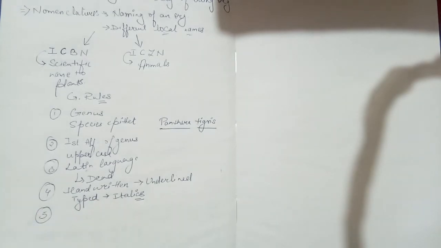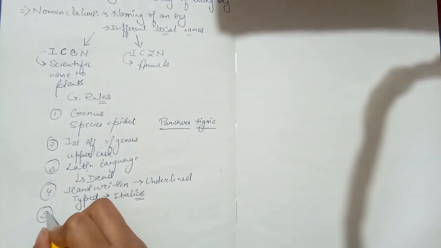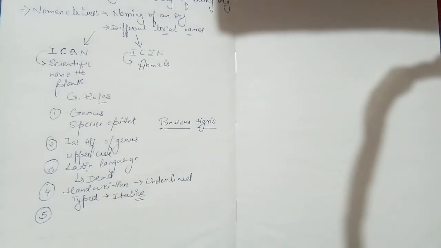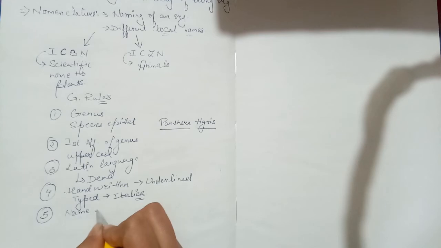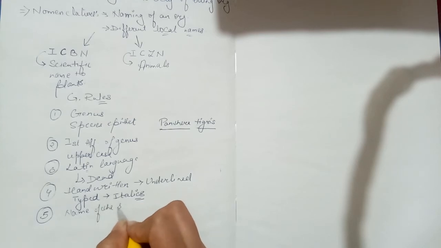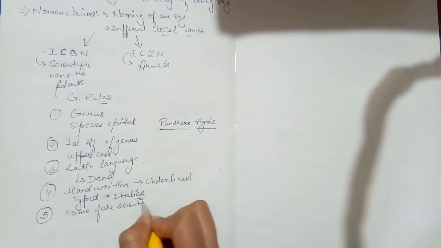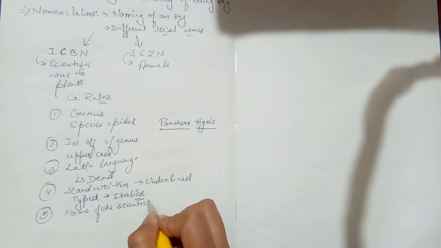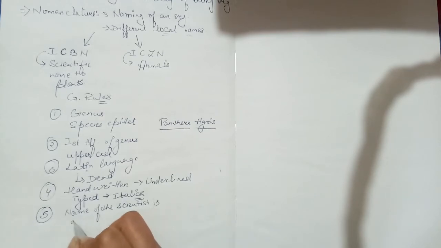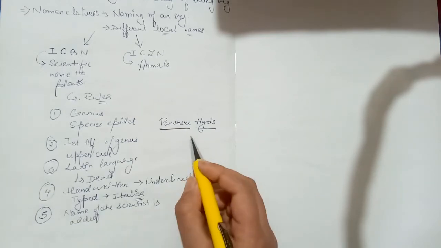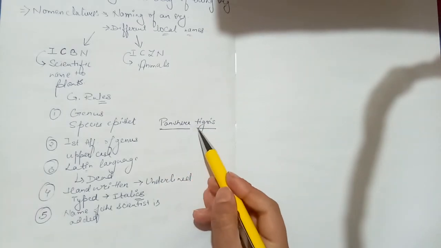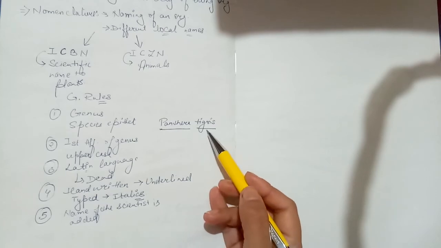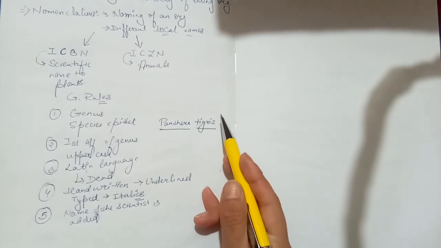The other rule is that the name of the scientist is added at the end of the scientific name of the organism, which tells that the name was given by that scientist.